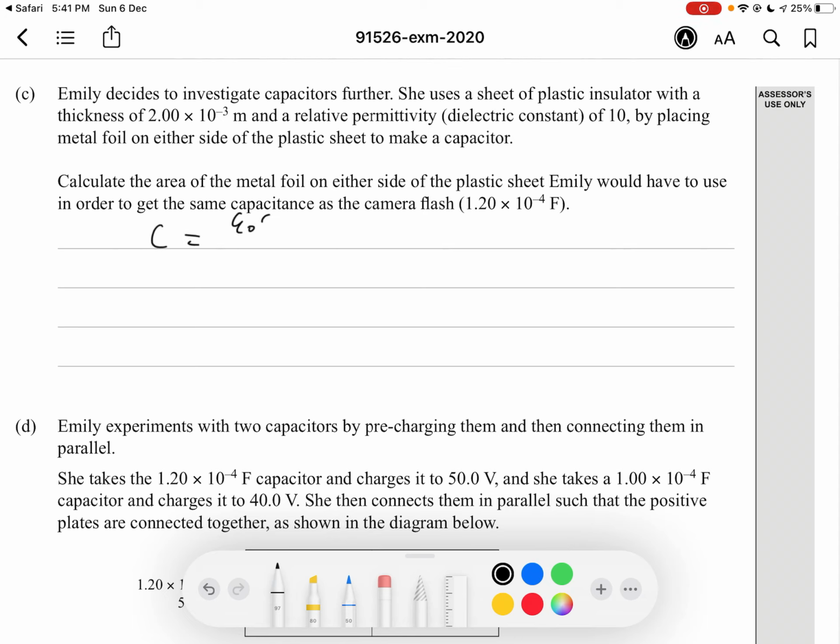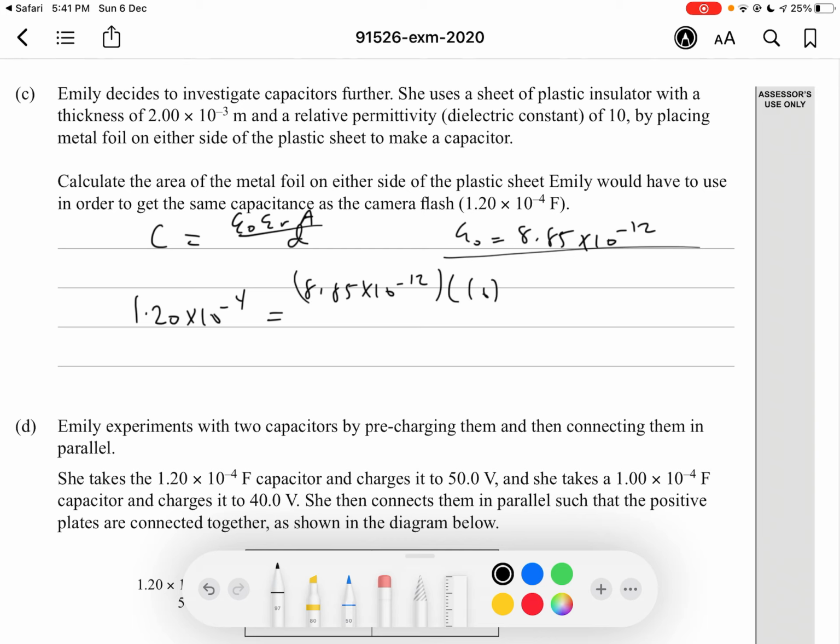Okay, so we know that the capacitance equals epsilon naught epsilon R times A over D. Okay, so that's our relative permittivity, that's our constant there. That should be on our formula sheet. And we can say that capacitance is 1.2 times 10 to the power negative 4 equals 8.85 times 10 to the power negative 12, multiplied by 10, multiplied by our area, which we don't know, all over D, which is 2.00 times 10 to the power negative 3.